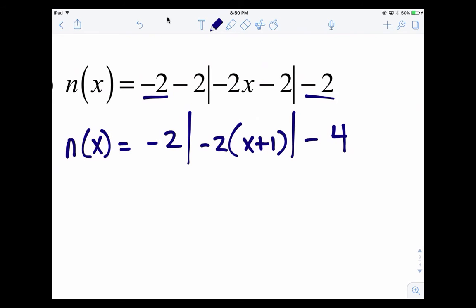So you have a reflection over the x-axis, vertical stretch by 2, reflection over the y-axis. However, since this is an even function, you're not going to see a y-axis reflection. So the y-axis reflection does not show up. Horizontal shrink by 2, move it to the left 1, and then down 4.